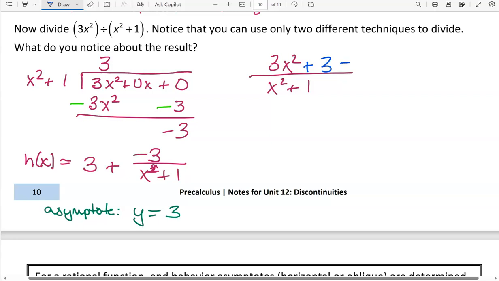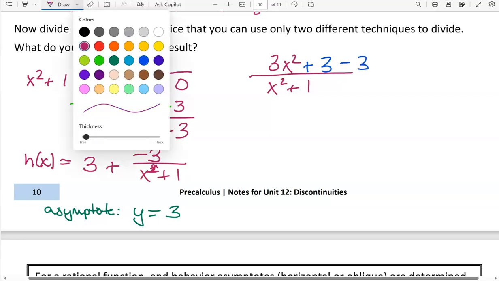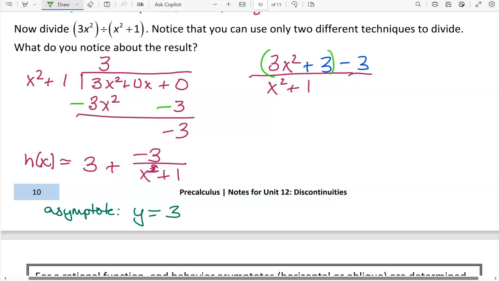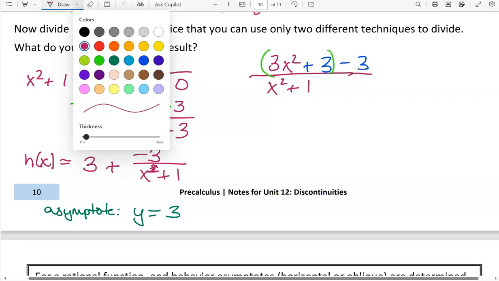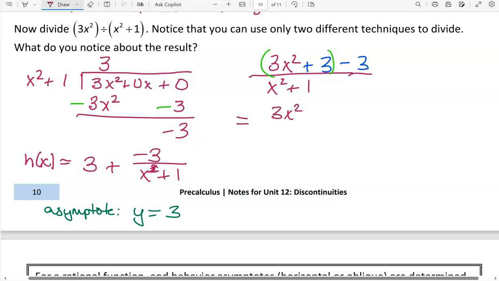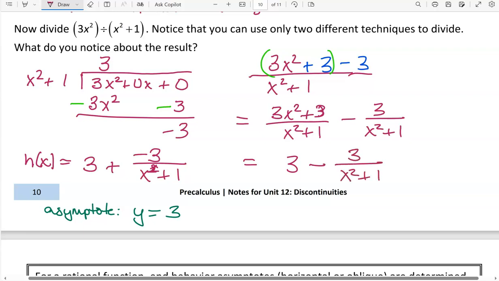But I can't just add 3, so I'm going to subtract it back and then do a grouping of the 3x squared plus 3 together, and this fraction will be equal to 3x squared plus 3 divided by x squared plus 1 minus 3 divided by x squared plus 1. The 3x squared plus 3 can be factored and cancel common factors, and that will give us a quotient of 3, and then minus 3 over x squared plus 1.